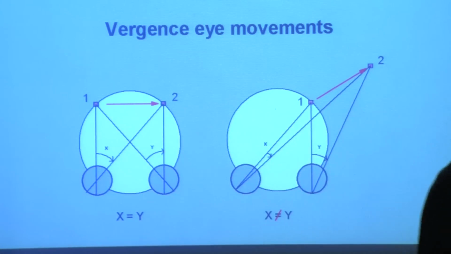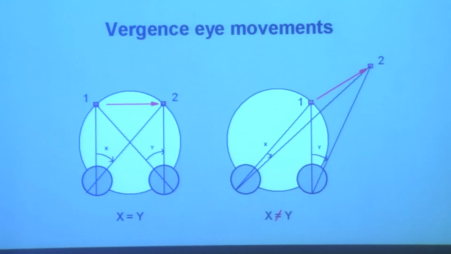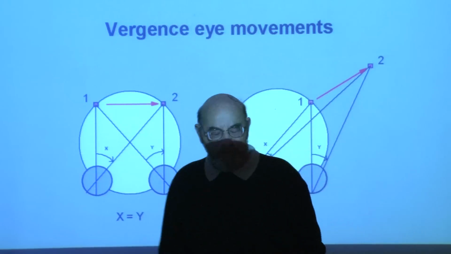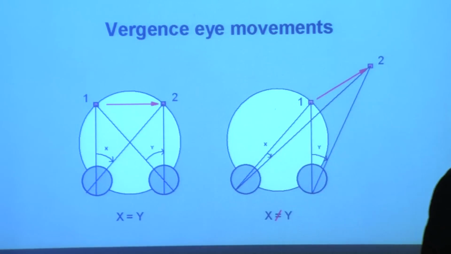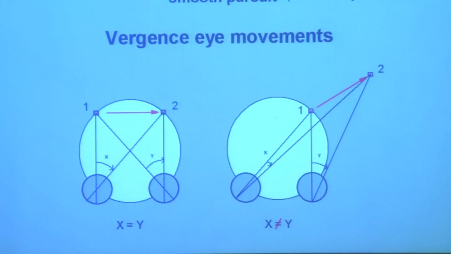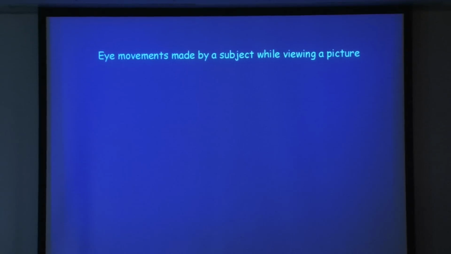For the most part, today especially, and next time as well, we're going to be talking about saccadic eye movements, and then, as I've said, after we have covered movement, we're going to look at eye movements that involve pursuit and vergence.